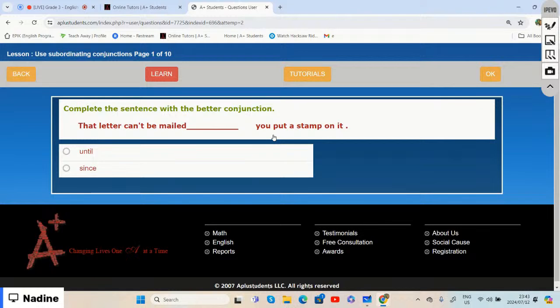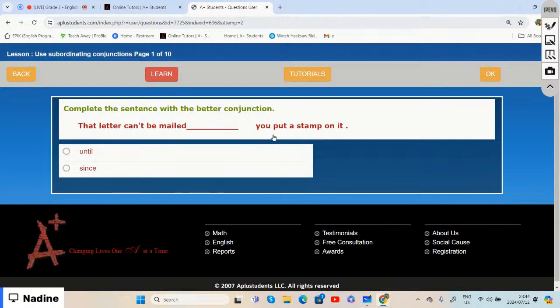The first one says, that letter can't be mailed.